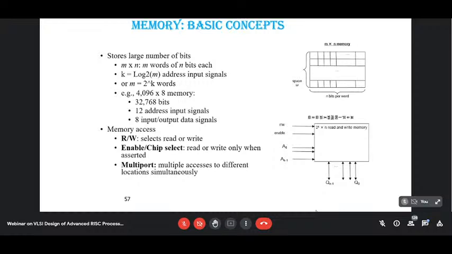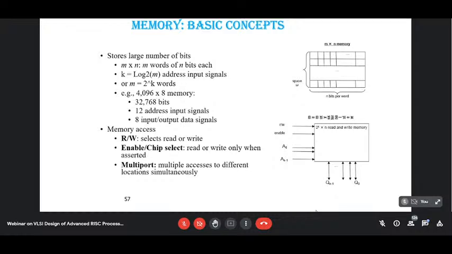Already we have discussed the memory. Memory has address lines and data lines. Data lines will be bidirectional. Some chip select line and read bar and write bar signals. There are two nomenclatures. Motorola concepts use one line, read write bar, that means either it will be read or write. Whereas in Intel concepts, there are two separate lines, read bar and write bar.